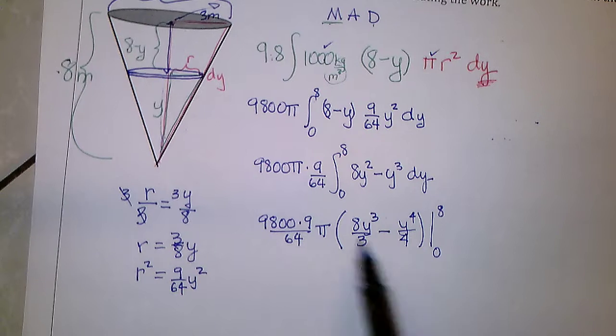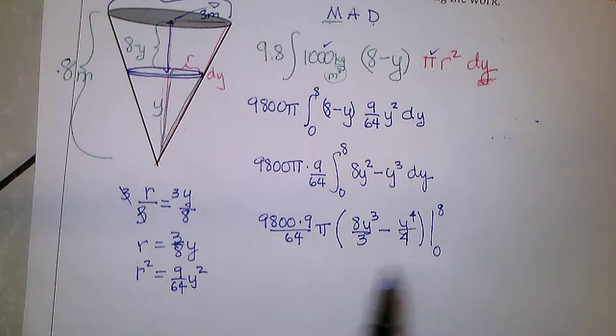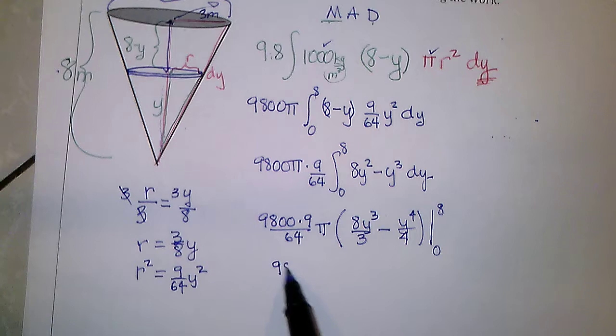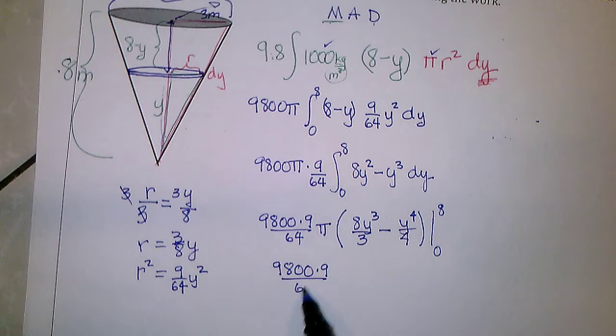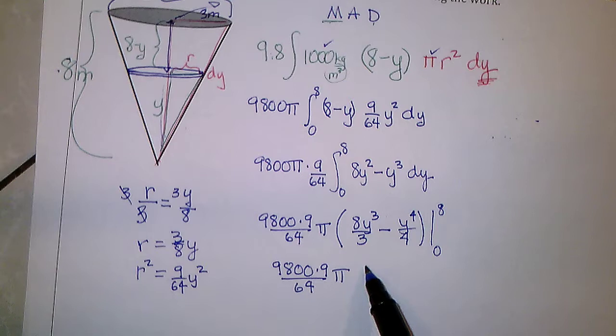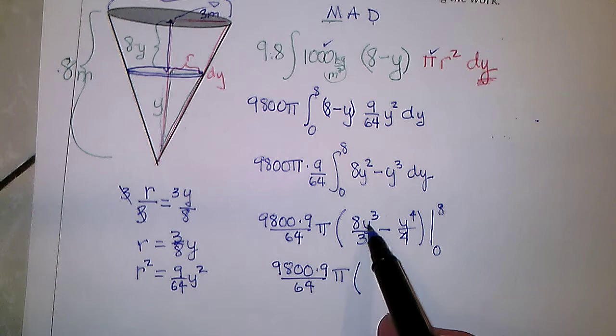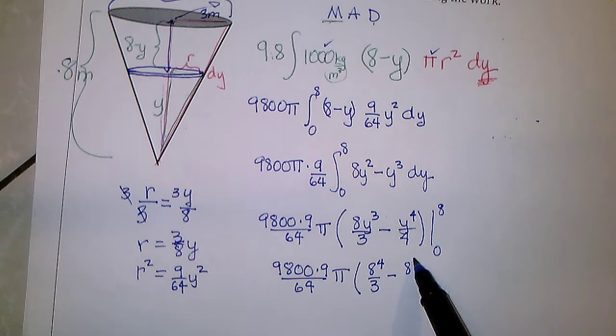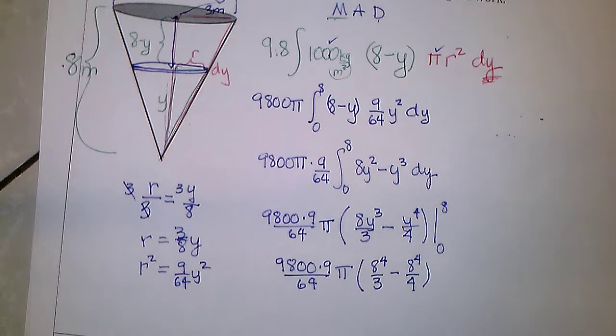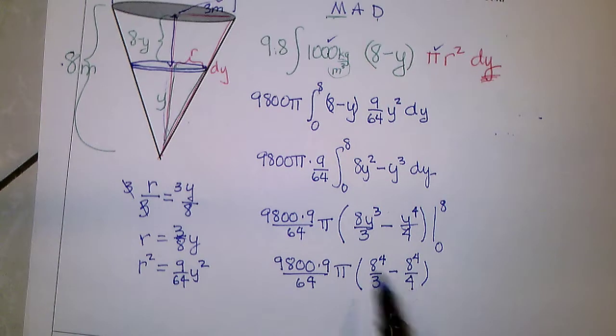The 0 will make all that 0, so all I have to do is put the 8 in. So I have 9800 times 9/64 times pi times 8 times 8 to the third is 8 to the 4th over 3 minus 8 to the 4th over 4. Now you can just type that in your calculator, but I'm going to go ahead and factor out the 8 to the 4th.